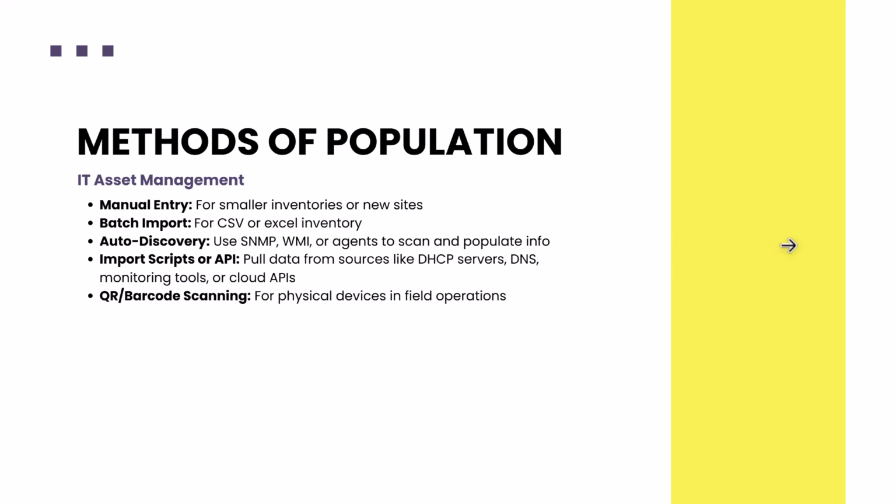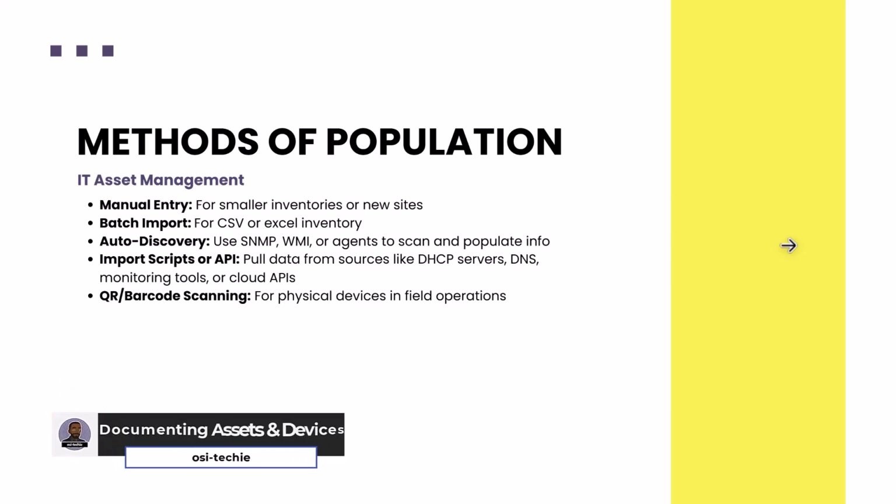Next one is batch import. For organizations that already have a CSV file or an Excel sheet where they have an inventory of the devices and IT assets that they own and manage, they can modify it a bit to suit the population requirement of their IT asset management software.